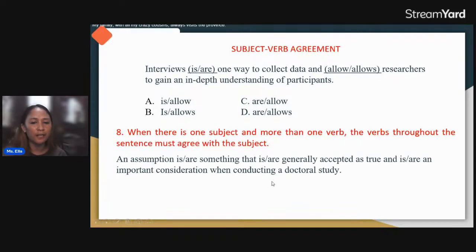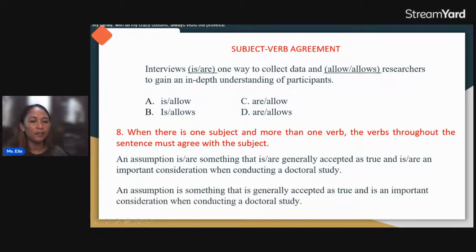Next, how about this one? An assumption is or are something that is or are generally accepted as true and is or are an important consideration when conducting a doctoral study. What's the proper verb to use here? Assumption is a singular subject, so it takes the singular verb is, followed by all singular verbs.